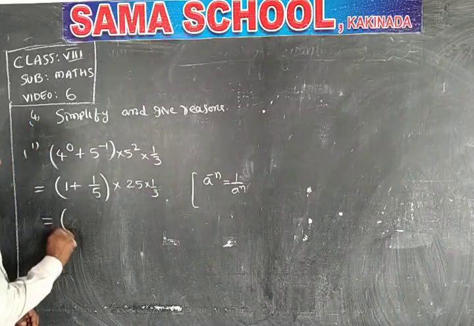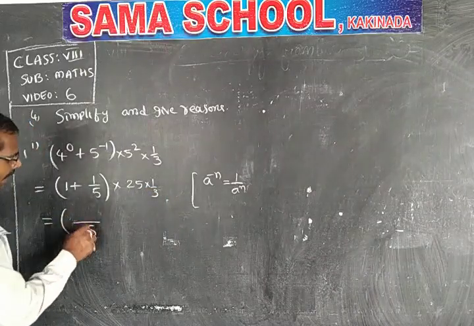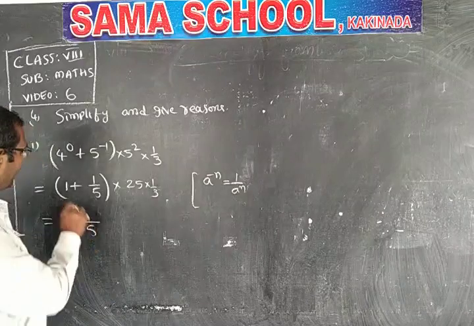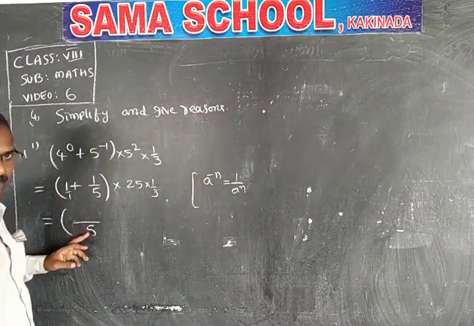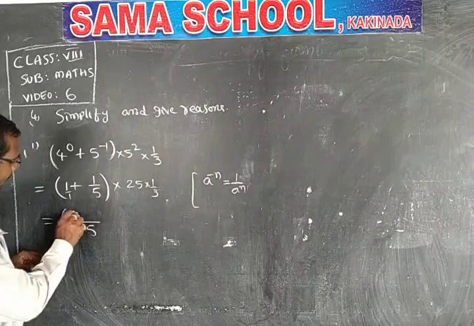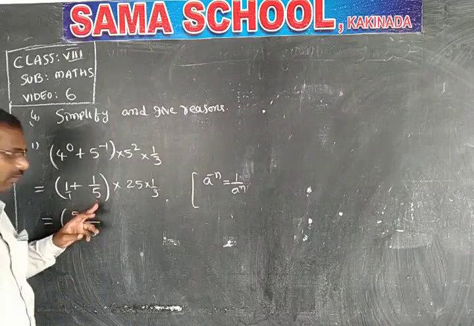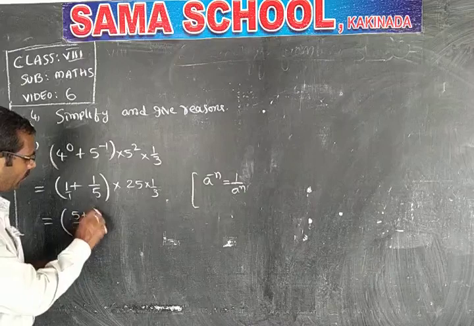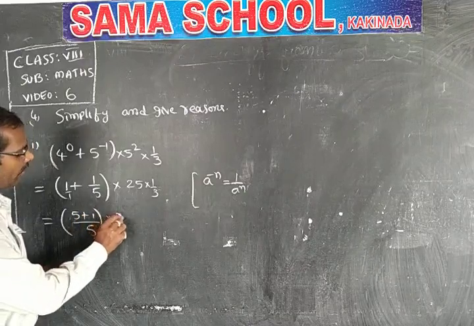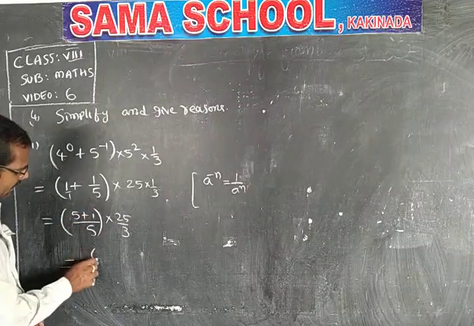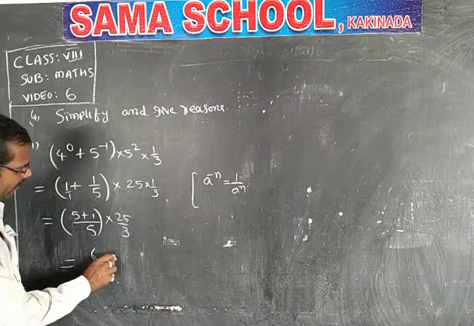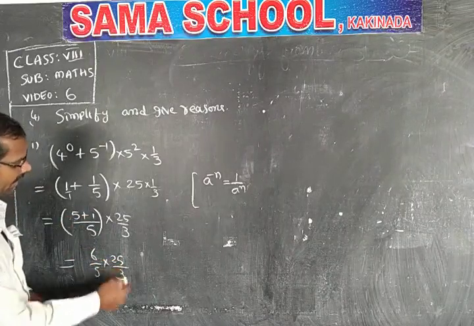Now you can write it with 5 as the denominator, using the LCM. 1 goes in 5 five times, so 5 into 1 is 5, plus 5 goes in 5 one time, 1 into 1 is 1, into 25 by 3. 5 plus 1 is 6 by 5 into 25 by 3.